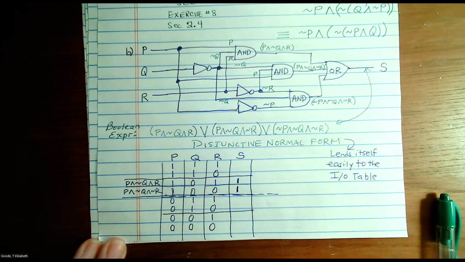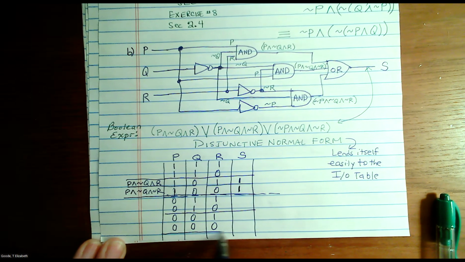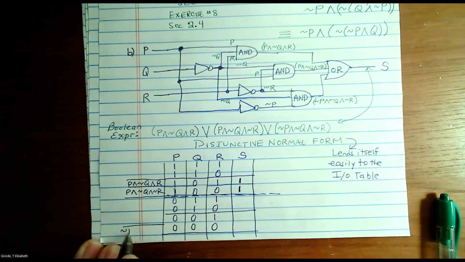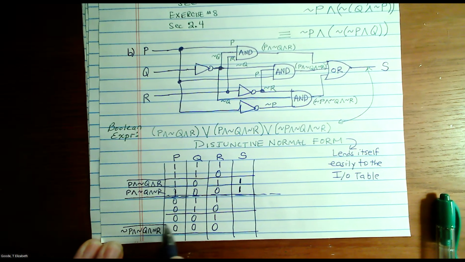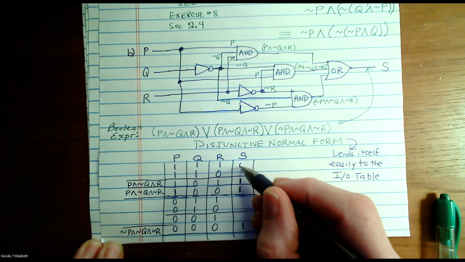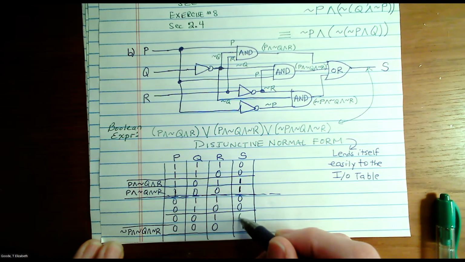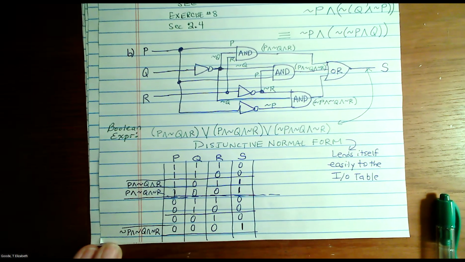Which row is that? The last one. Not P and not Q and not R is this last row, so we want a 1 there. And then we just put zeros everywhere else. Does that make sense?